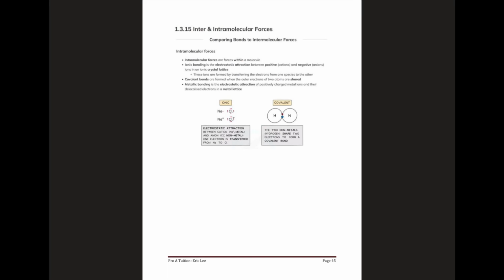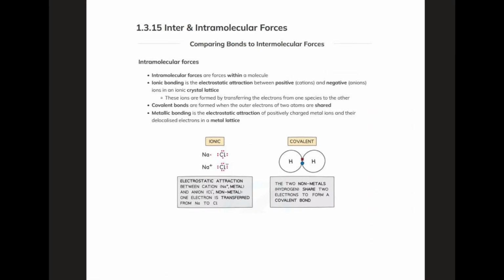So we are now comparing bonds to intermolecular forces. Intramolecular forces, which are within a molecule, we have ionic bonds, which is electrostatic attraction between positive and negative ions. We have covalent bonds, where two atoms share electrons.